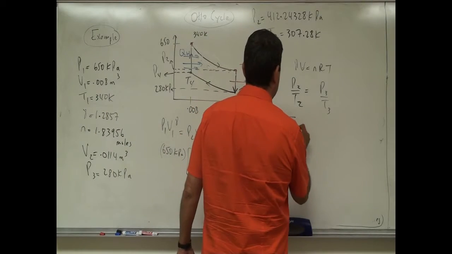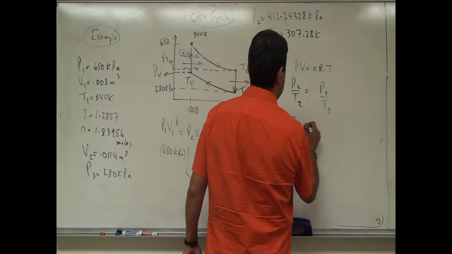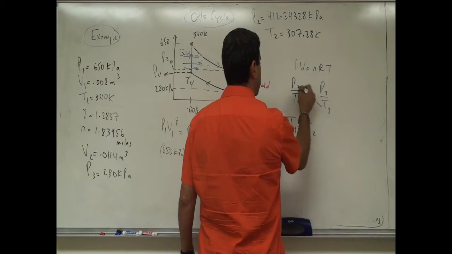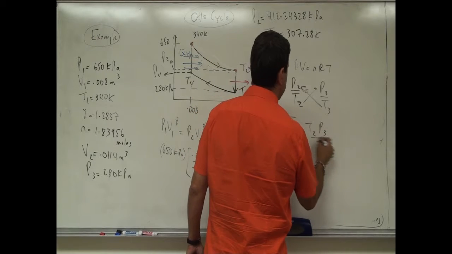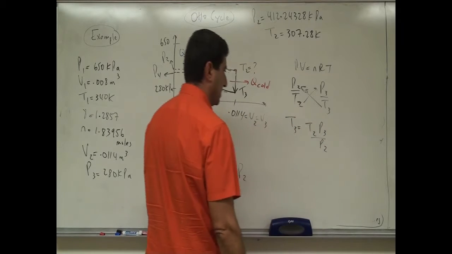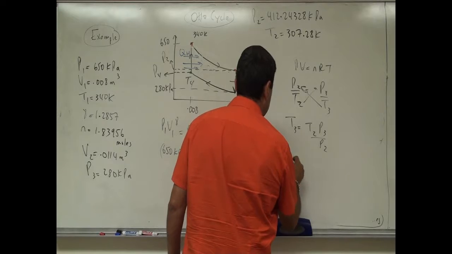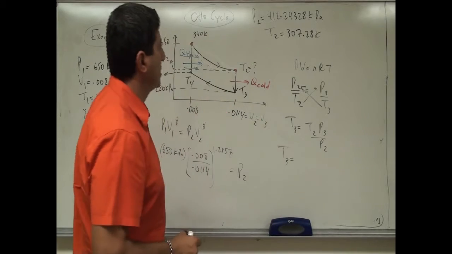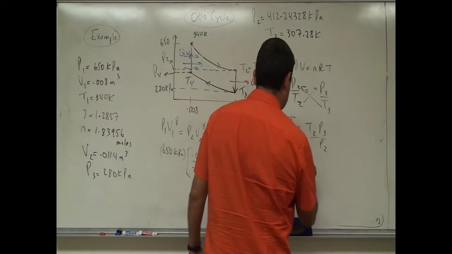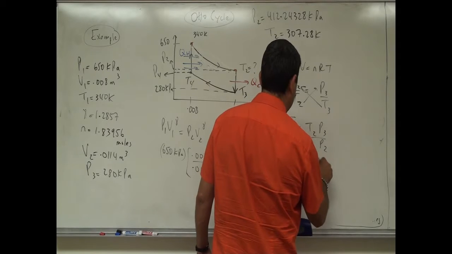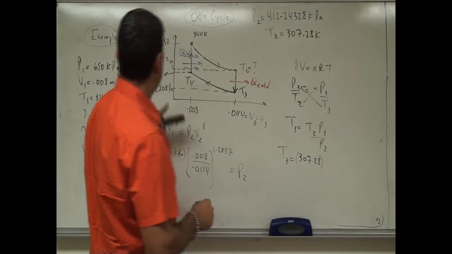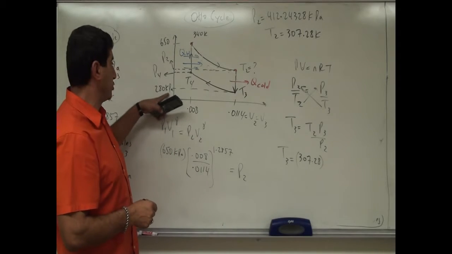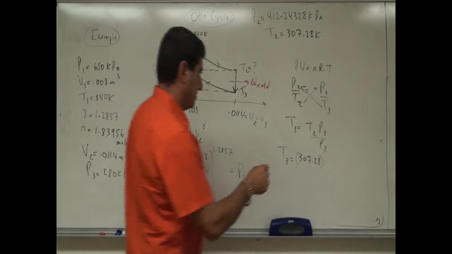So then T3 is going to be T2, I can cross multiply. T3 goes over here, T2 goes over there, P3 over P2. Okay, so T3 is going to be the T2 we take, 307.28, and then P3 is the one that was given in the problem, 280 kilopascals, right?